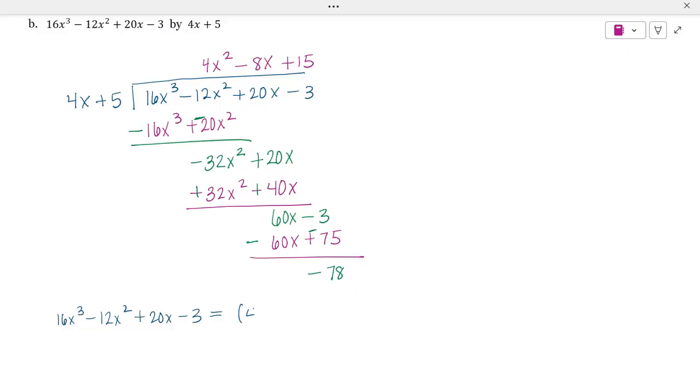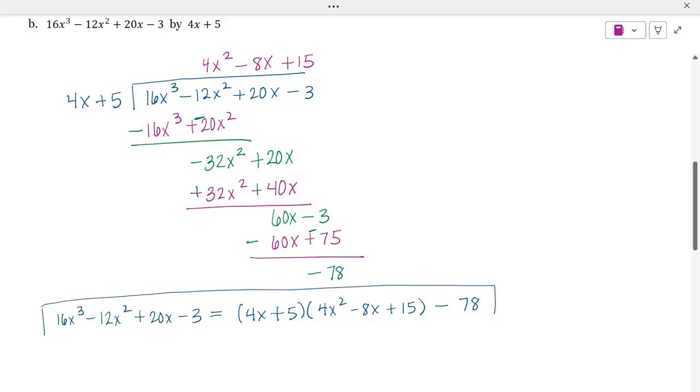That's going to equal 4x plus 5 times, I got 4x squared minus 8x plus 15 as my quotient, and then subtracting off that remainder that I had. Going forward, when we are going to use this idea, we're hoping that our remainder is 0, because we want things that divide evenly into a polynomial, because we know that those are going to be things that break the polynomial down further.